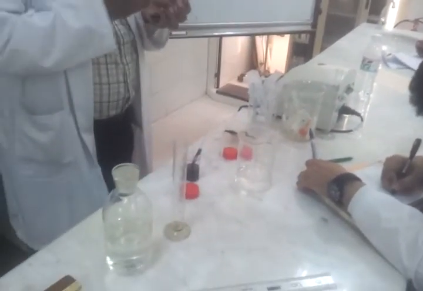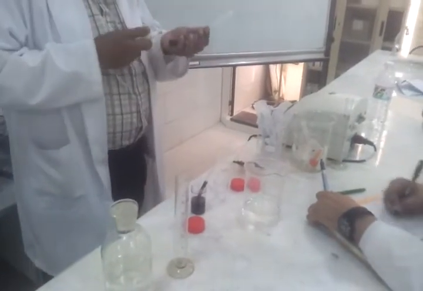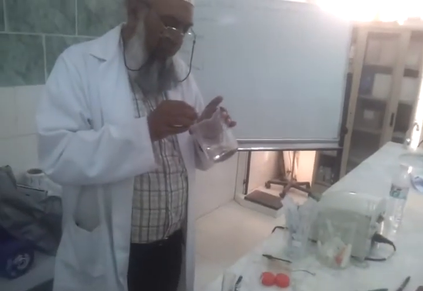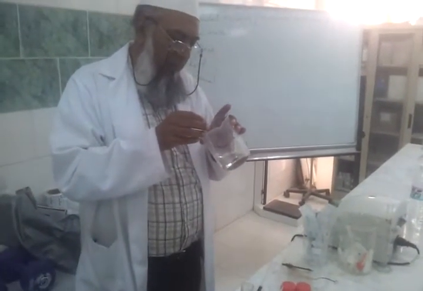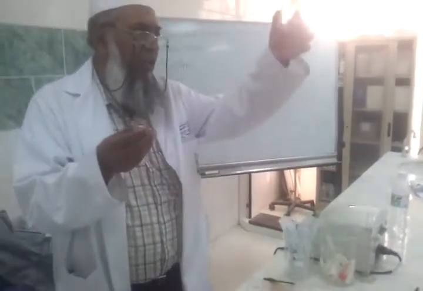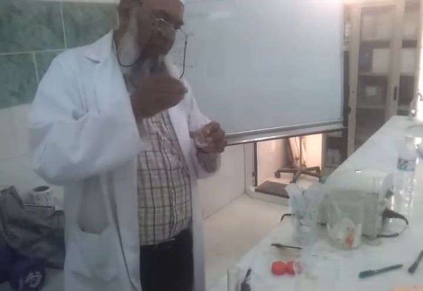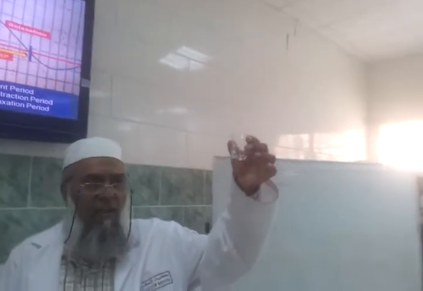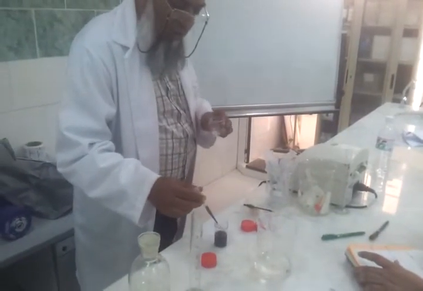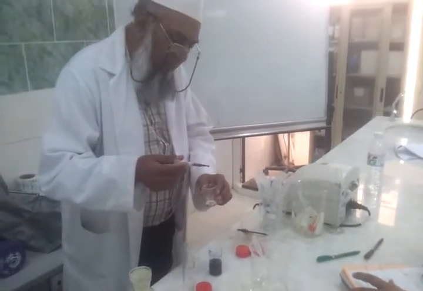So first we will take 2 ml solution of this unknown acid and put it in a small beaker. Okay, so 2 ml unknown acidic solution in the beaker. Now we will add 2 drops of litmus to it.